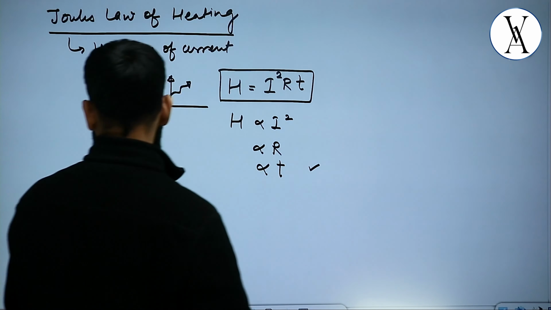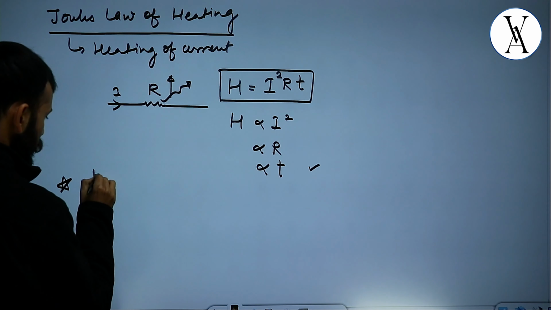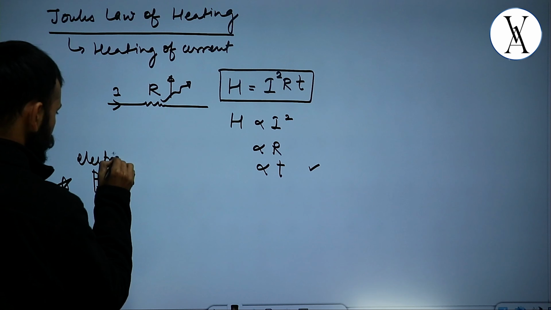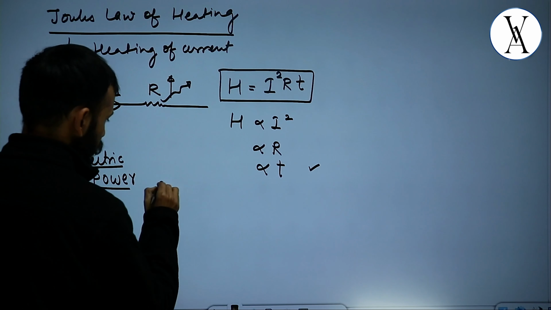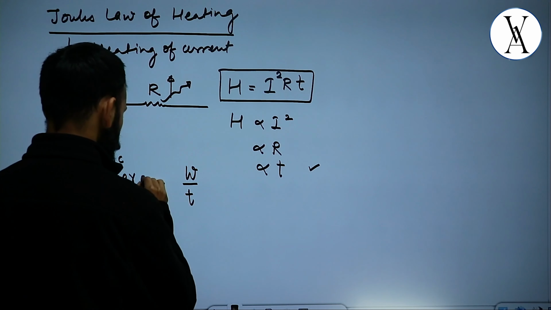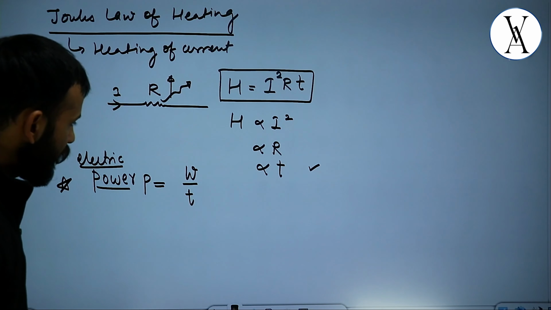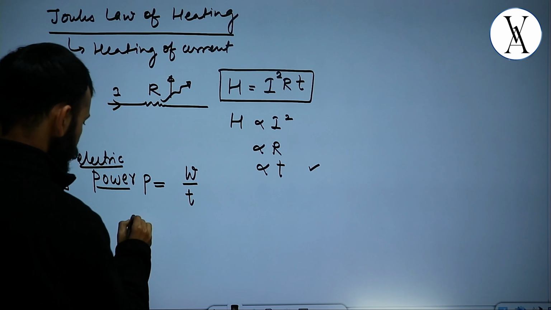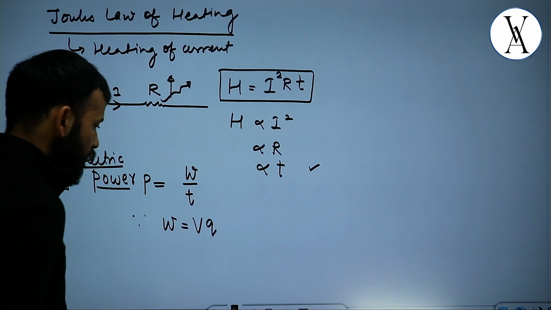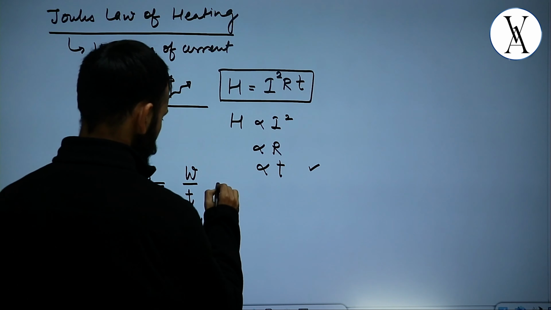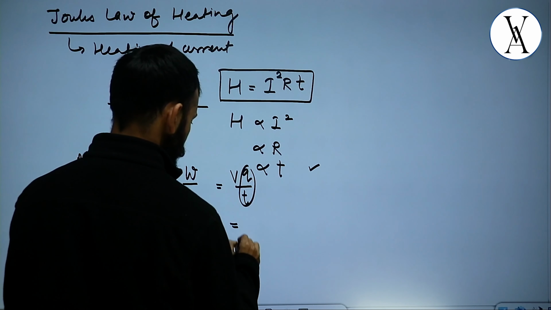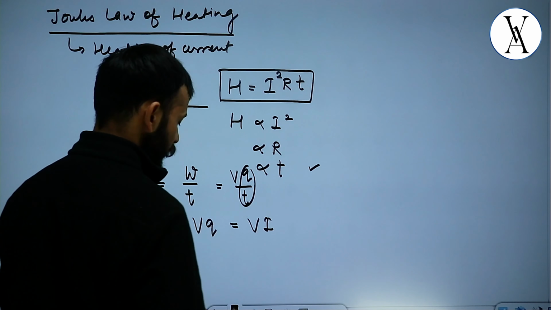Next is power, or electric power. It is defined as electrical work upon time. Since work can be written as potential difference into charge, Q by T is known as current, so power can be written as VI.